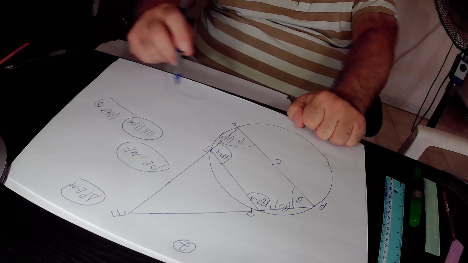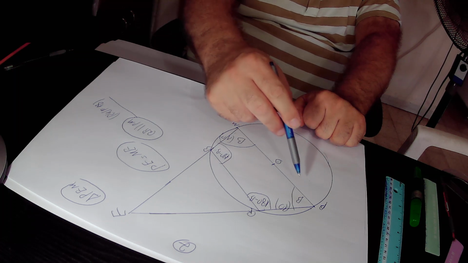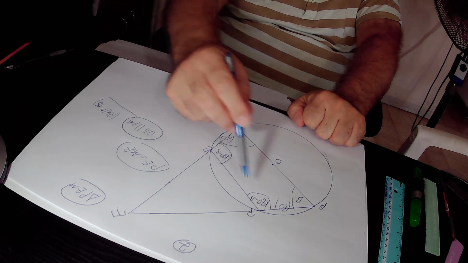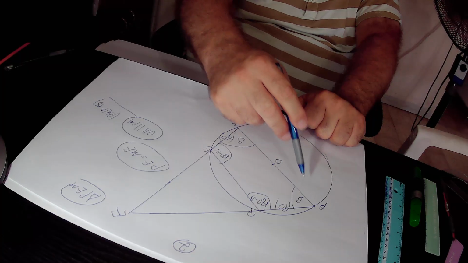In the next step, I'll copy again this semicircle with the diameter PM, and we will continue to analyze this semicircle.